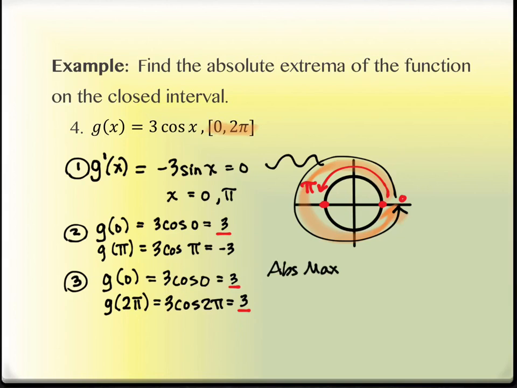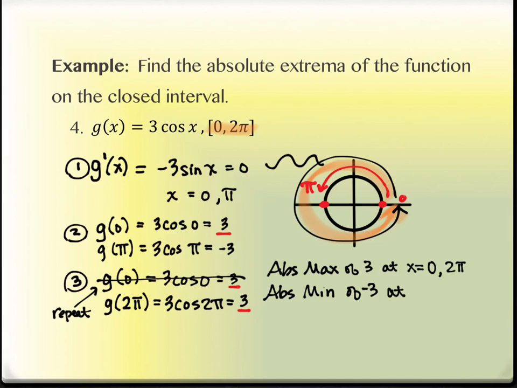This is an absolute max of 3, and it happens at x equals 0 and 2 pi, because one of them is a repeat. So I have 2 places where the absolute maximum occurs. And the absolute minimum is going to be -3, and this happens at x equals pi.